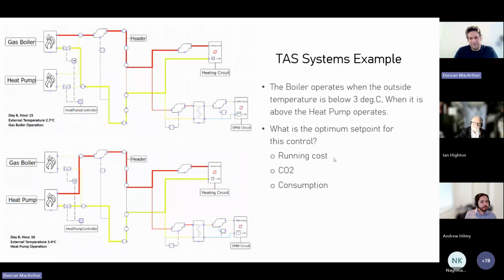So I can minimize on the running cost, or I could look at the CO2. Again, the fuel sources have a CO2 factor associated with them, and if you sum up the CO2, you could try and minimize based on that. And you've got the option of consumption as well.